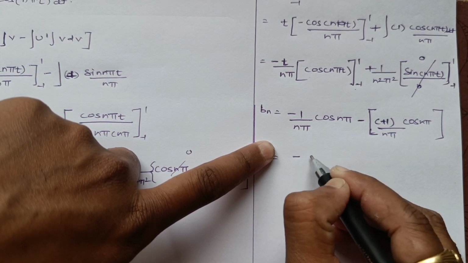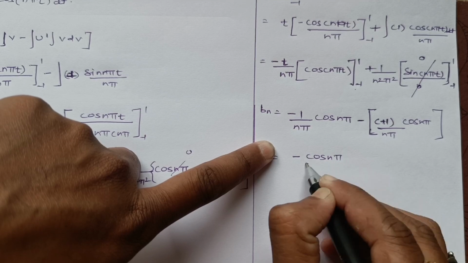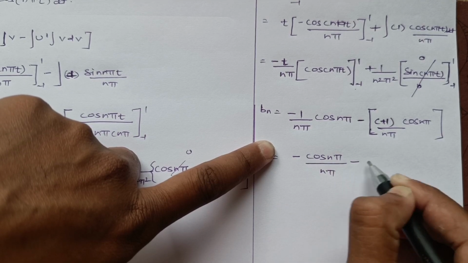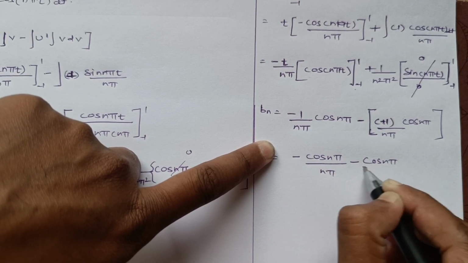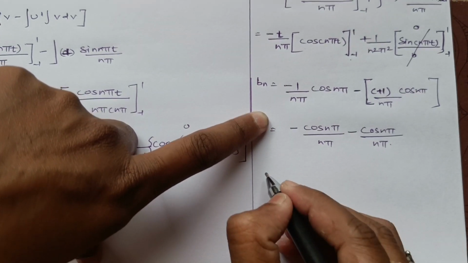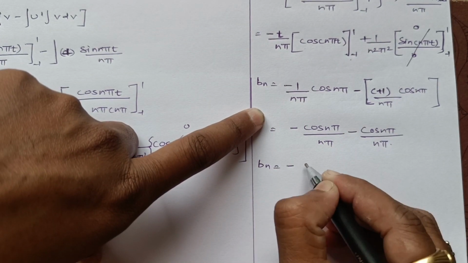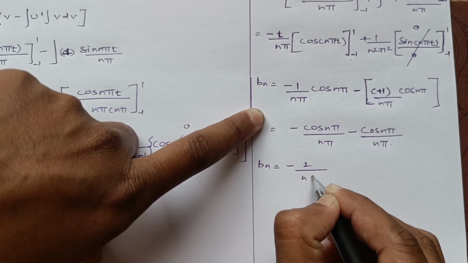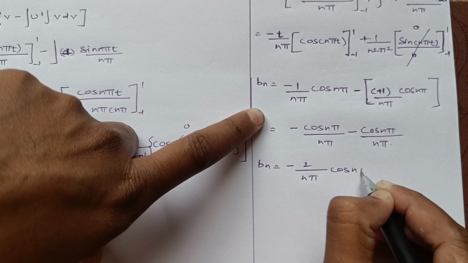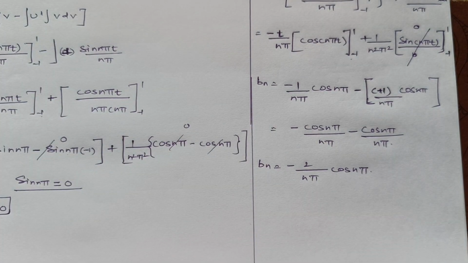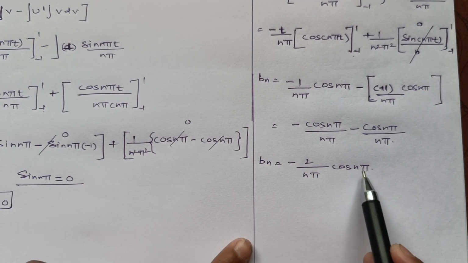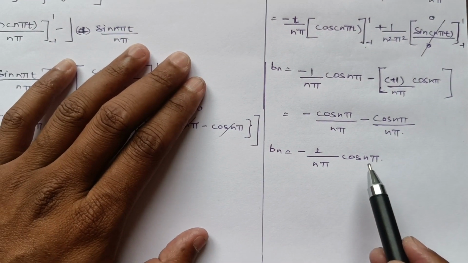This is as good as minus cos n pi upon n pi minus cos n pi divided by n pi. So the addition of this will give -2 times cos n pi.